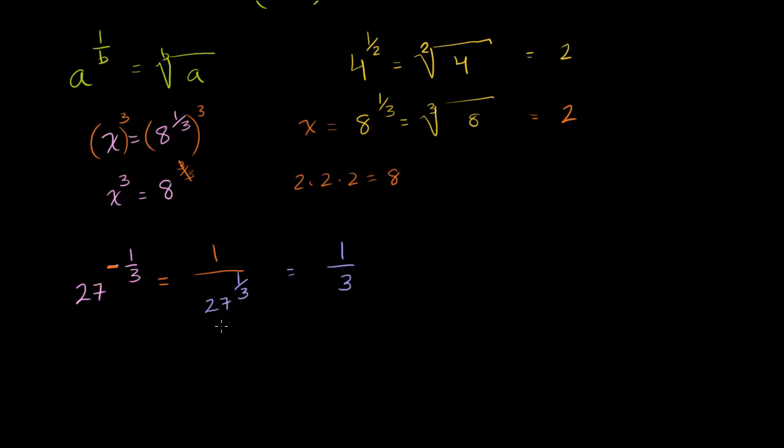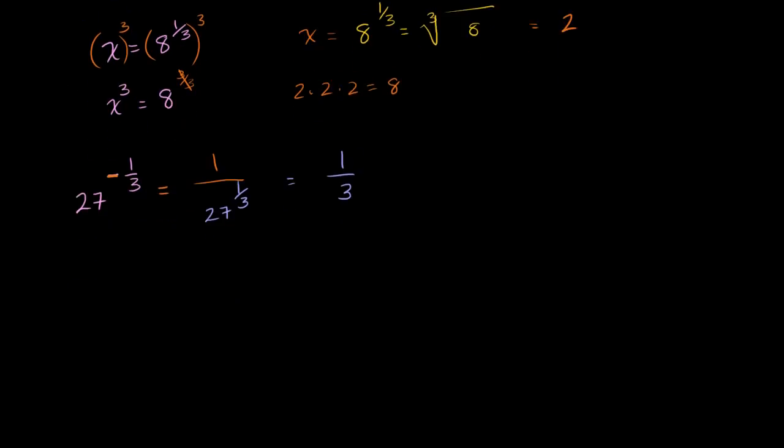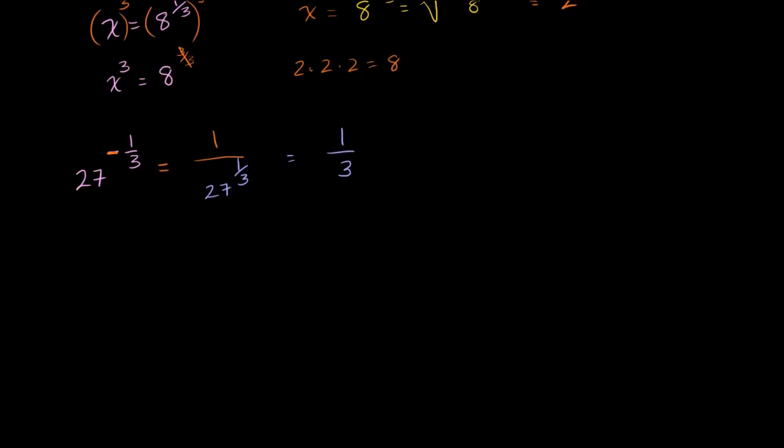Now I'm going to take it even to another level, make it even more confusing, even more daunting. Let me do something interesting. What is 8 to the 2/3 power? Now that seems a little bit scary. And all you have to remember is this is the same thing, using our exponent rules, as 8 squared to the 1/3 power.